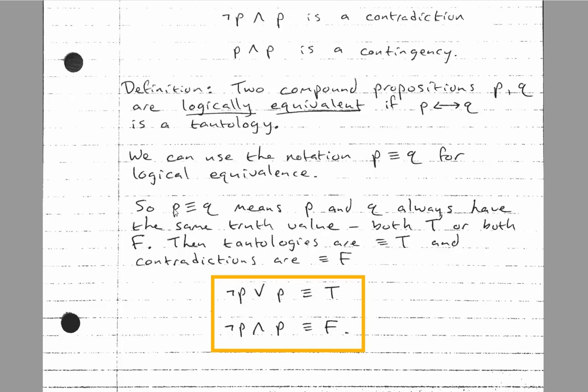If P is true, then Q is true, and if P is false, then Q is false, and vice versa.